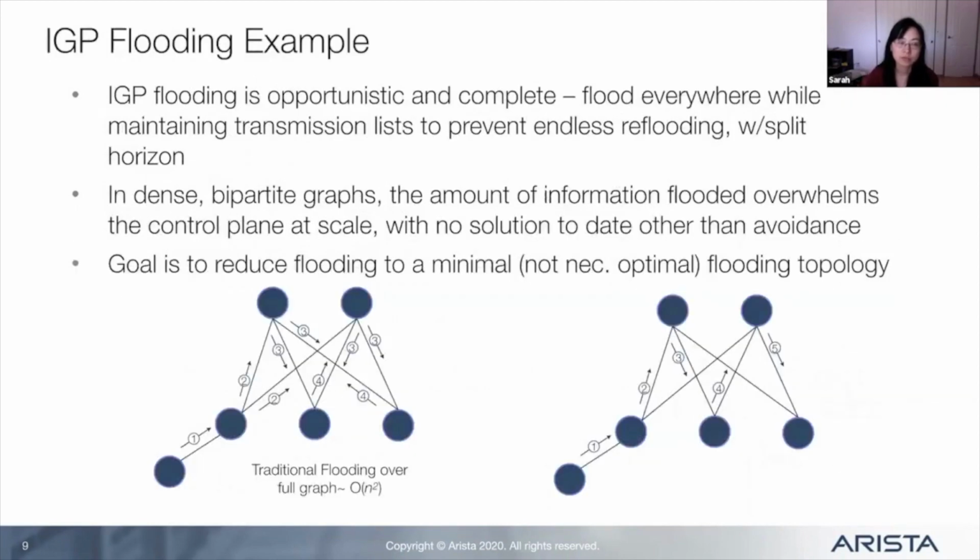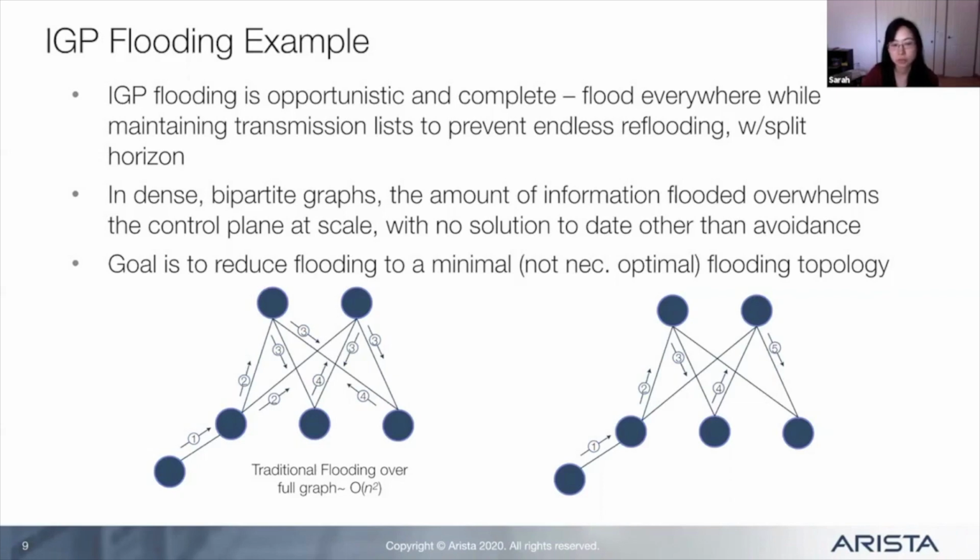IGP flooding is optimistic and complete. If a node receives an update from one neighbor, then it will flood this update to all its other neighbors. In a dense topology, the amount of information flooded may overwhelm the control plane at scale.